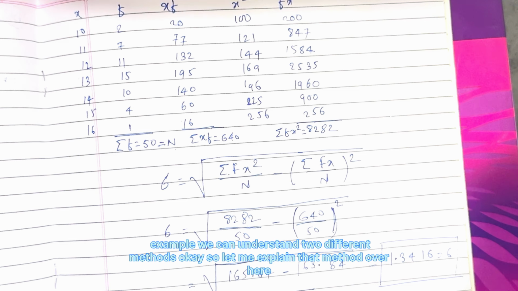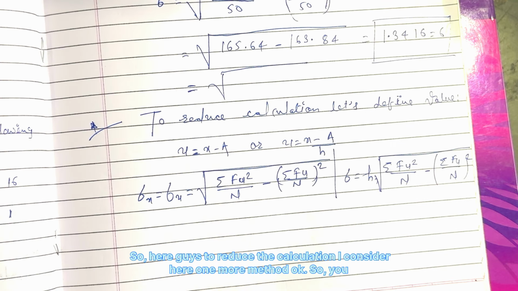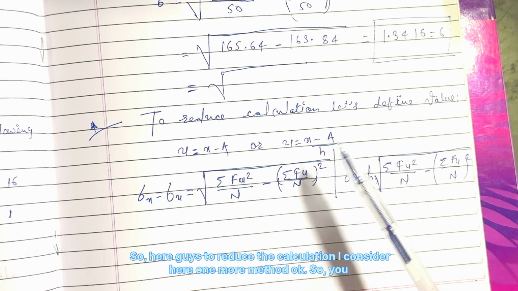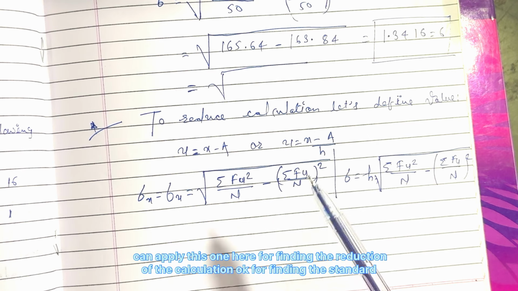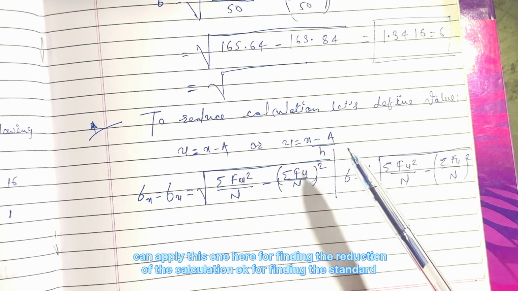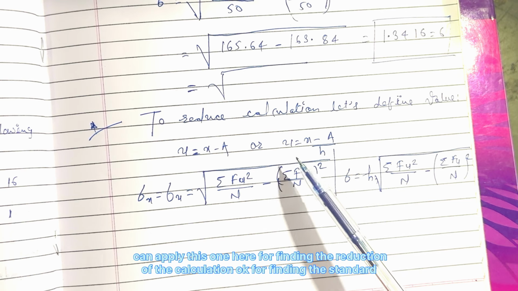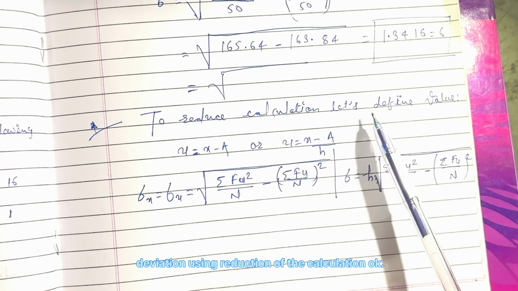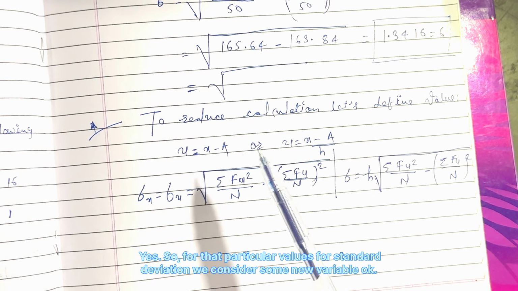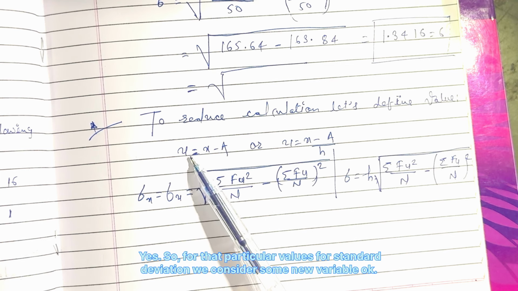So here, guys, to reduce the calculation, I consider one more method. You can apply this for finding the standard deviation using reduction of the calculation. So for that, for standard deviation, we consider some new variable.